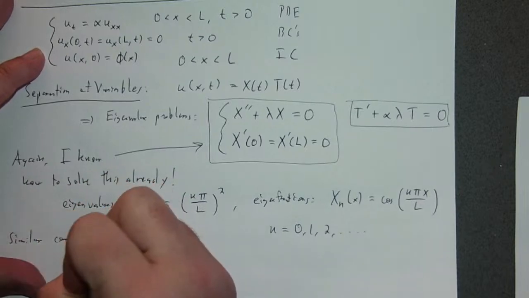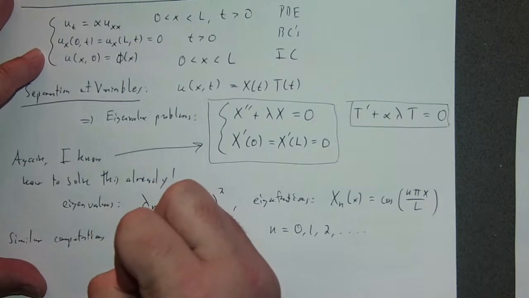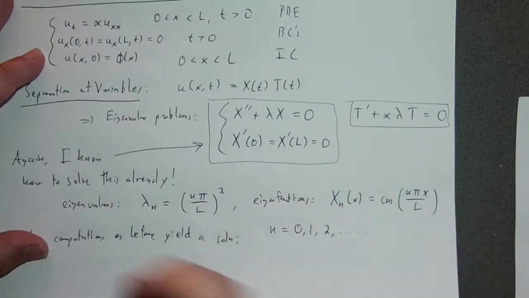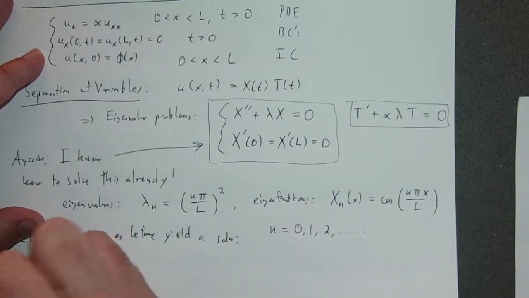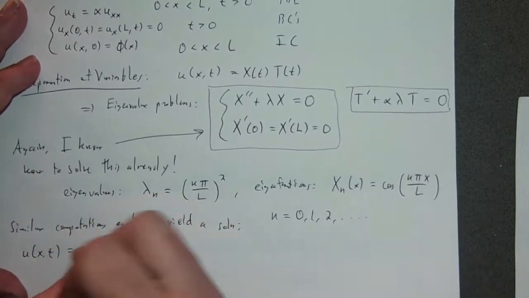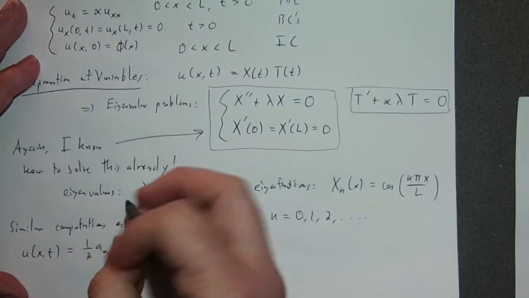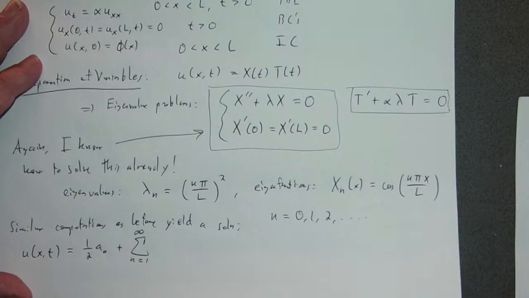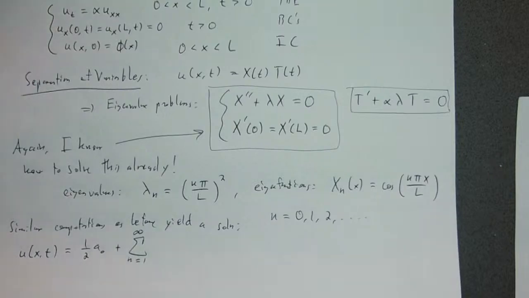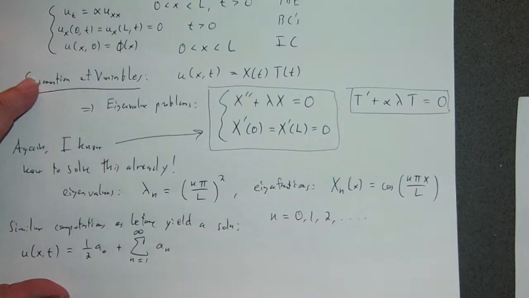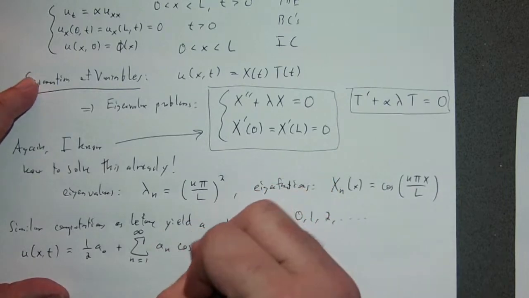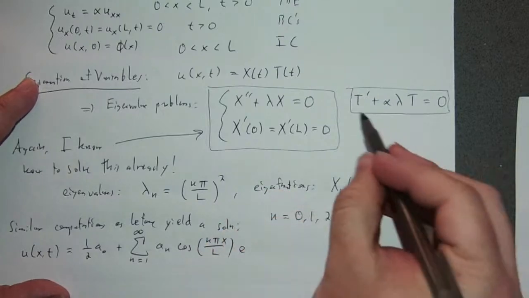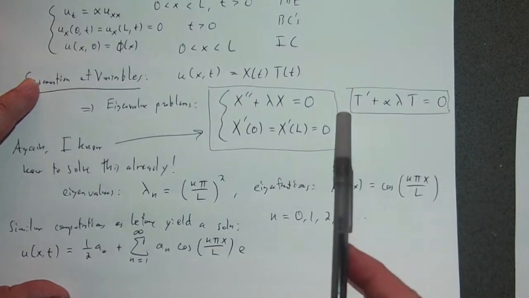And so what we ultimately end up getting, similar computations as before, yield a solution u of x, t is 1/2 a naught plus the sum from n equals 1 to infinity of a sub n cosine of n pi x over L. Again, my temporal ODE is going to be solved in the exact same way.